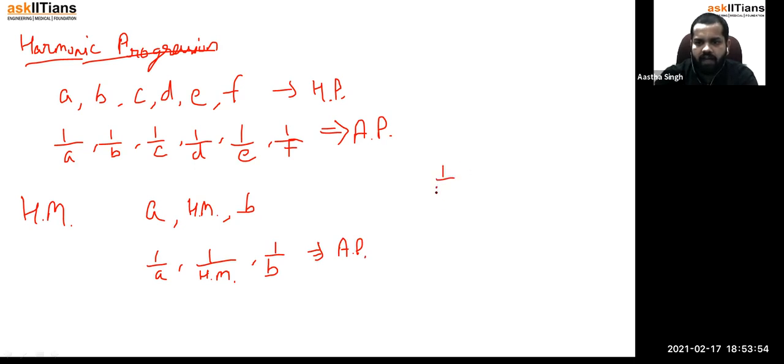It means your second number minus your first number will be equal to your third number minus your second number, right? Okay.